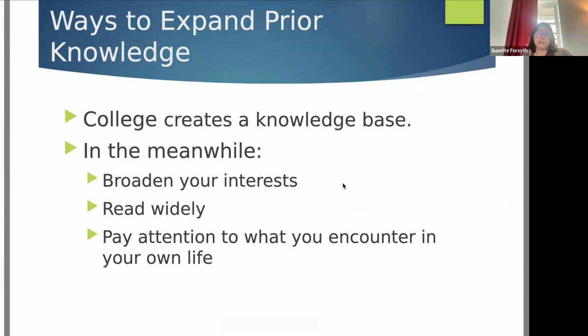Just reading in general will give you more prior knowledge, whether it's fiction or nonfiction, it doesn't even matter. I had decided I was going to read War and Peace because it just seemed like a challenge, and it was kind of on my bucket list. So I started reading that and I'm learning all about Napoleon and the wars with Russia in that book.